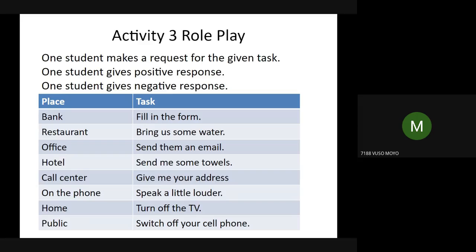Hey, Vuso, are you free? Hello. Currently I'm doing something, very busy at the moment. How may I help you? I have one query in this email. Can you help? Sorry, come again?